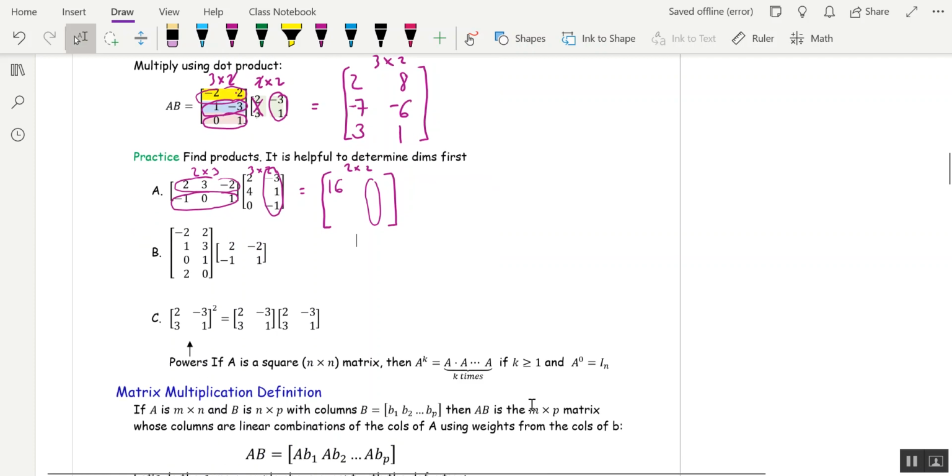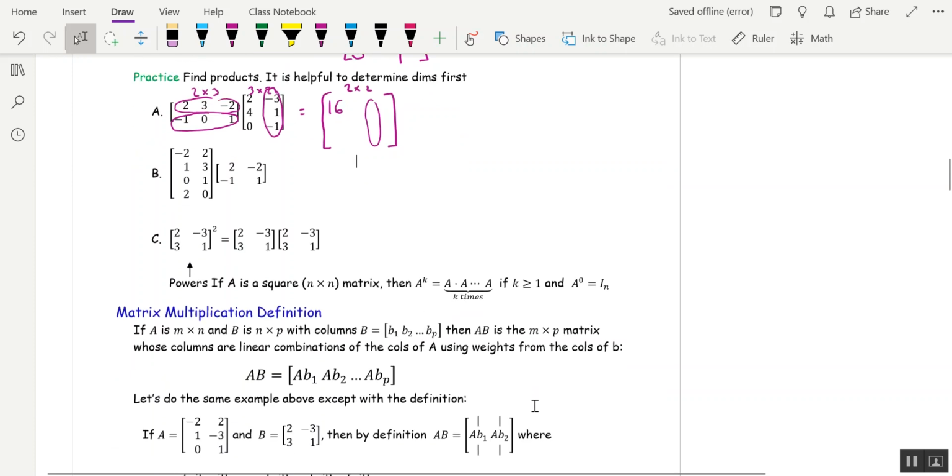Okay, so hopefully you've done that. Now let's talk about the definition of matrix multiplication. Again, this is not something you're going to do in practice, but it is important. If we have an m by n and we multiply an n by p, so the dimensions have to work out, then AB is the m by p matrix whose columns are linear combinations of the columns of A using the weights from the columns of B. That's a mouthful.